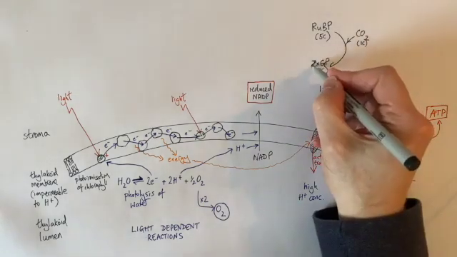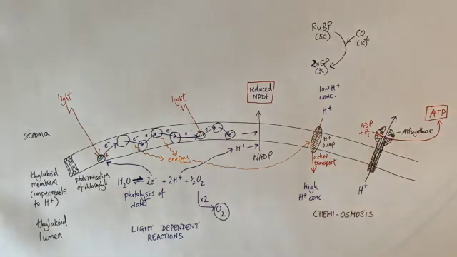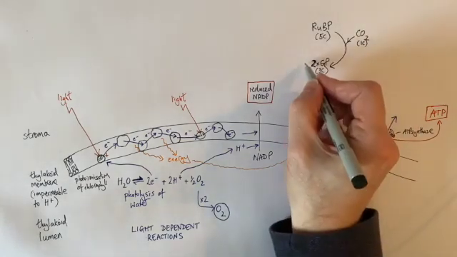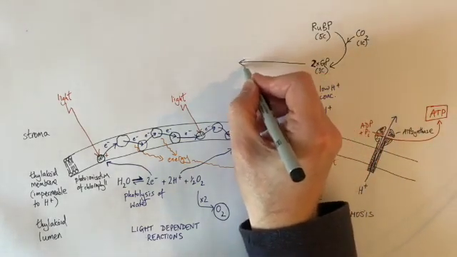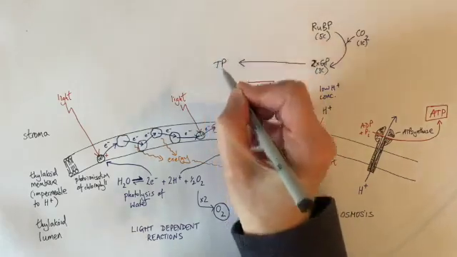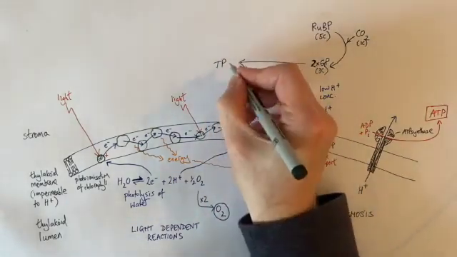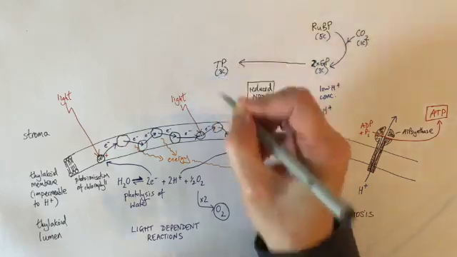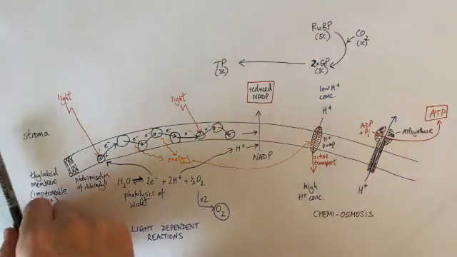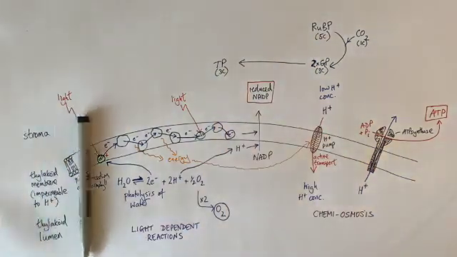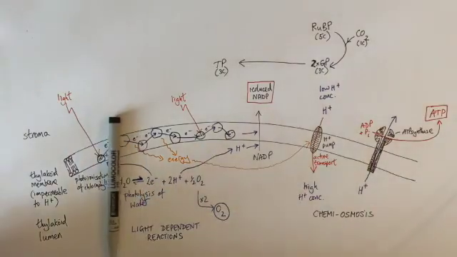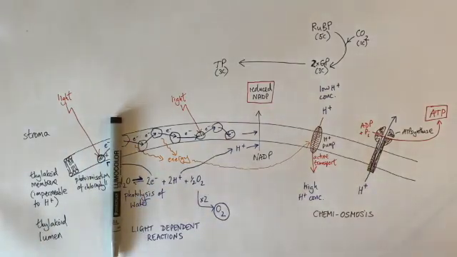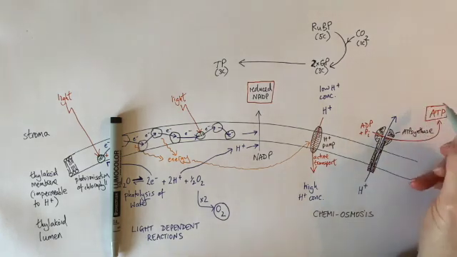Okay. That GP is then converted into triose phosphate, which is also 3 carbons. But in order to do that, it needs some other substances. And these substances are here.